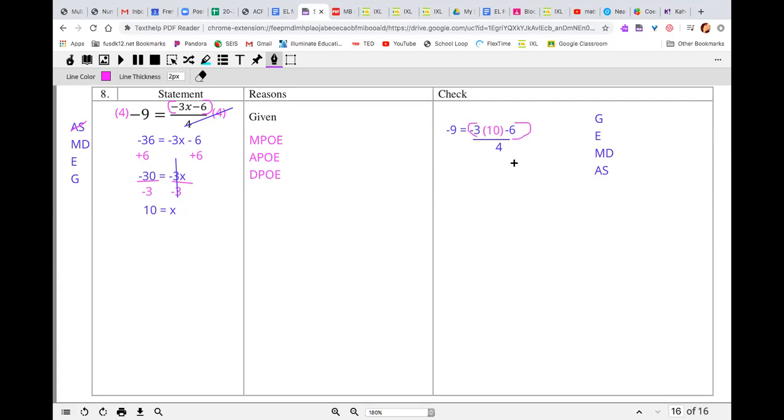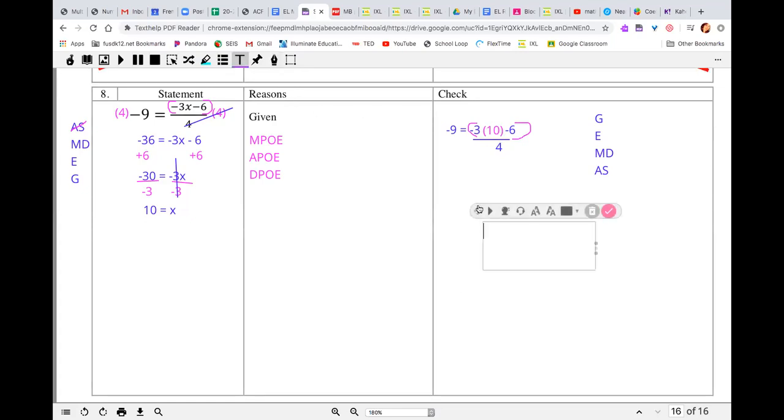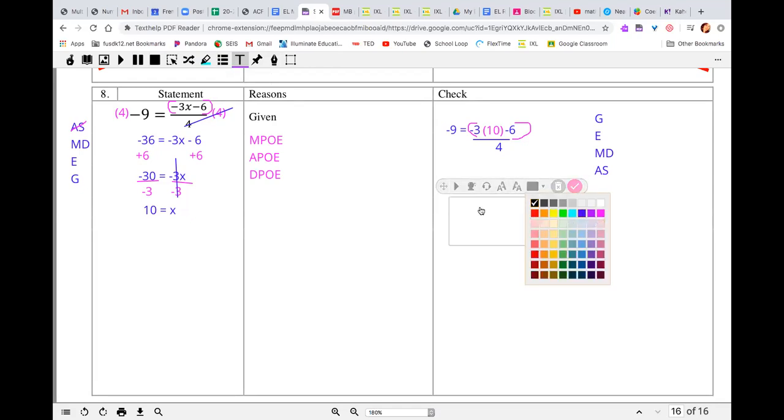Yes, I'm going to do that. And in my group, I have multiplication and subtraction. So what do I want to start with? Multiplication. Okay. And what is 3 times 10? 30. Negative and a positive make? Negative.